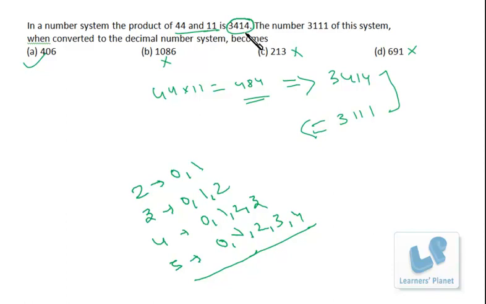So first of all, let's try by 5. This number, if we convert it into decimal number system from 5 number system, do we get 484 or not? So let's try. It's 4 into 5 raised to 0, 1 into 5 raised to 1, 4 into 5 raised to 2 and 3 into 5 cube.